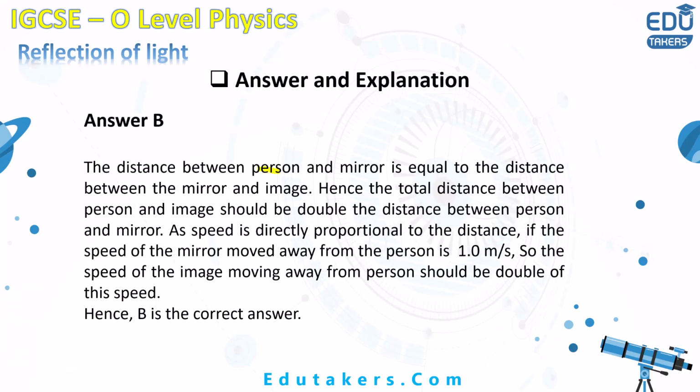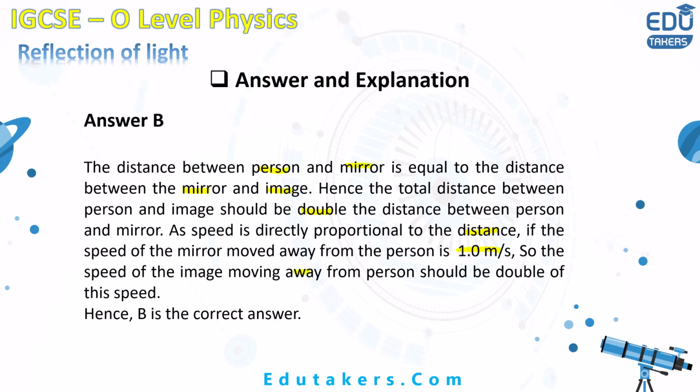The distance between the person and the mirror is equal to the distance between the mirror and the image. Hence, the total distance between the person and the image should be double the distance between the person and the mirror. As the speed is directly proportional to the distance, if the speed of the mirror moving away from the person is 1.0 meter per second, the speed of the image moving away from the person should be double that speed.